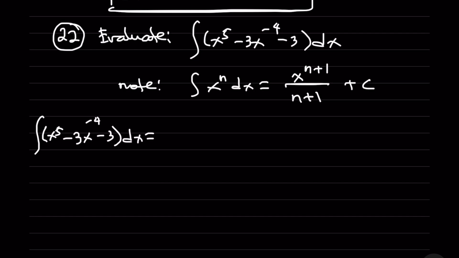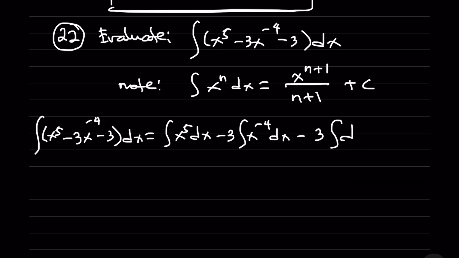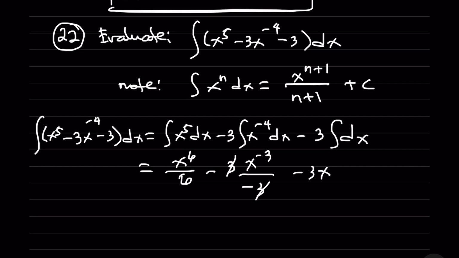So this is simply equal to the integral of x to the fourth dx minus 3 times the integral of x raised to negative 4 dx minus 3 times the integral of dx. So using the theorem that I have written here, this is equal to the following equation.